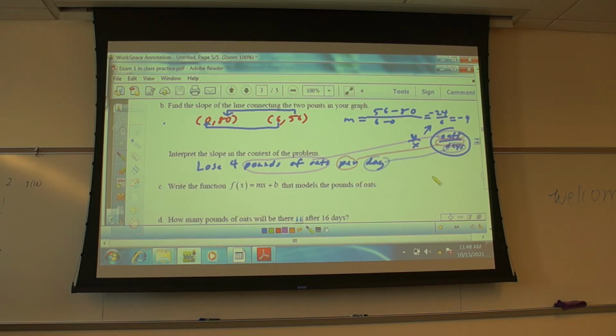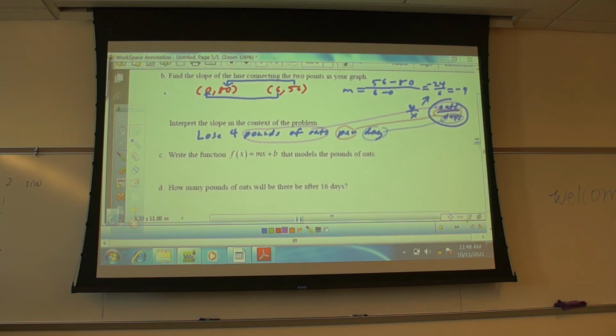All right. So then write the function mx plus b. I need to figure out what my b is. We have m. We need b. How do we find b?